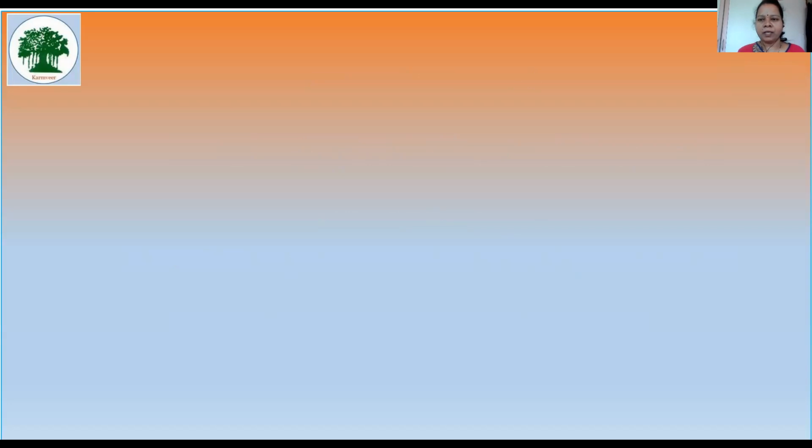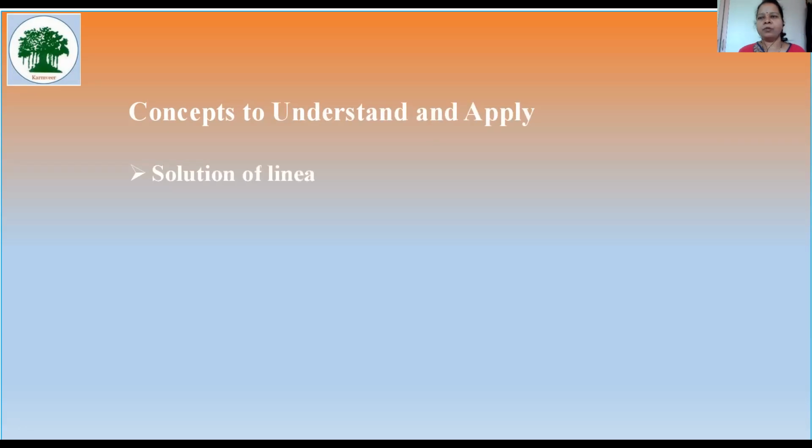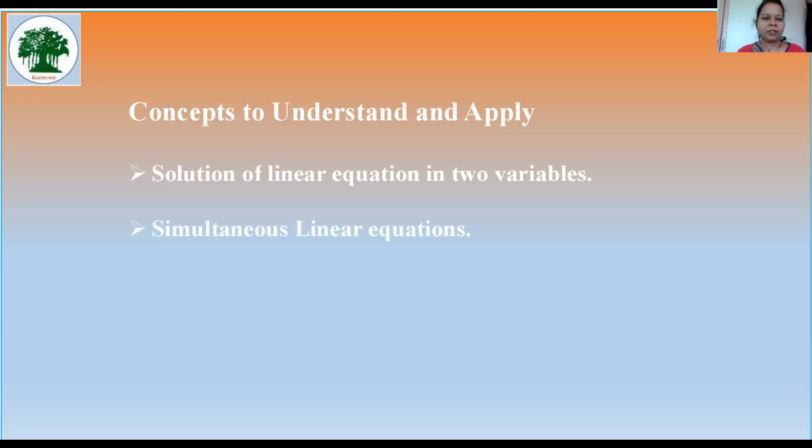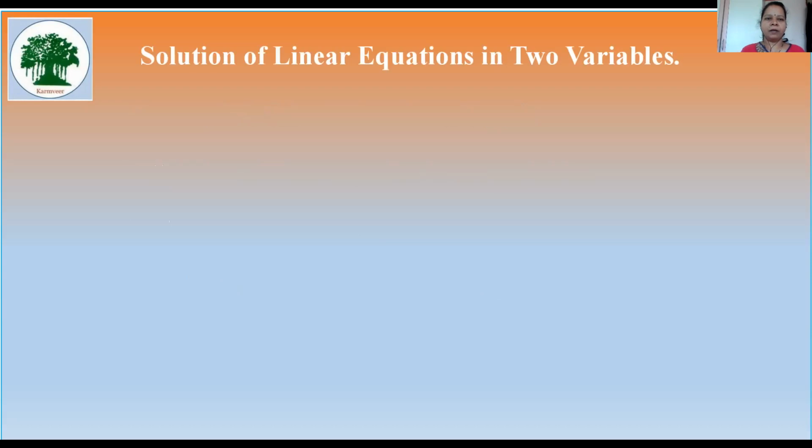Before going to simultaneous linear equations, we have to understand some related concepts. The first concept is the solution of a linear equation in two variables. The second concept is simultaneous linear equations. The third concept is the method of solving simultaneous linear equations. So we start with the first point, the solution of a linear equation in two variables.